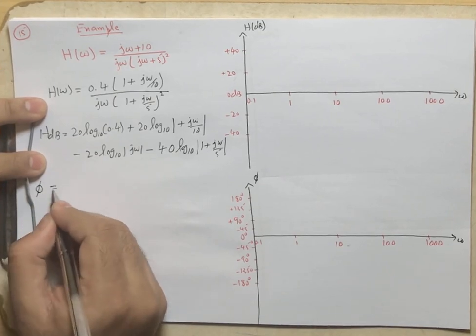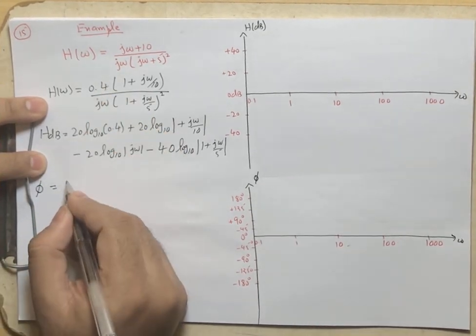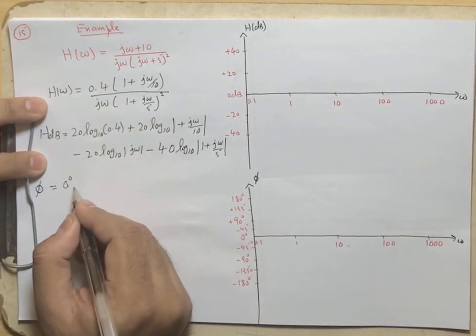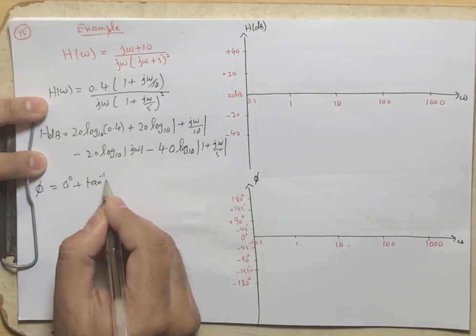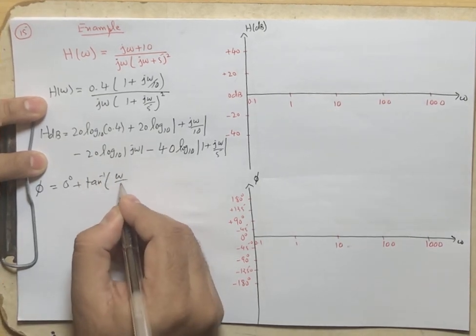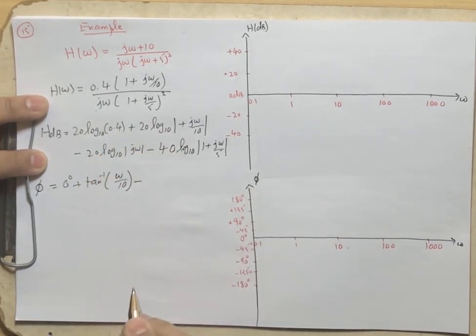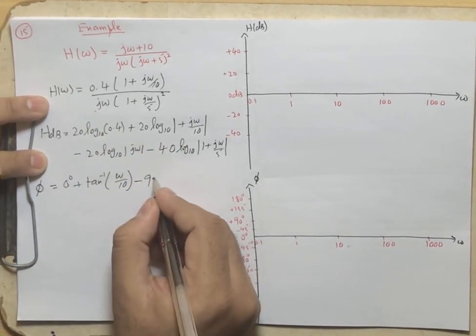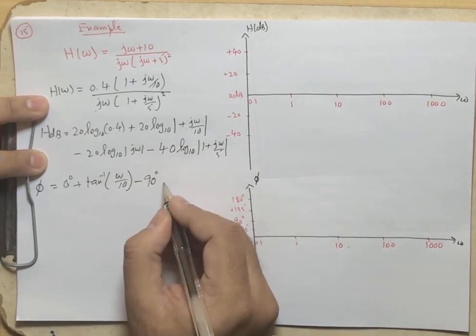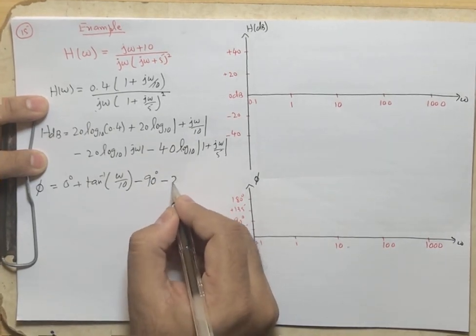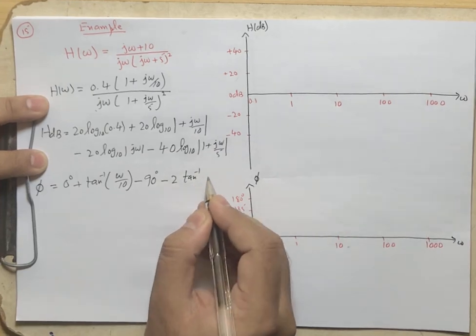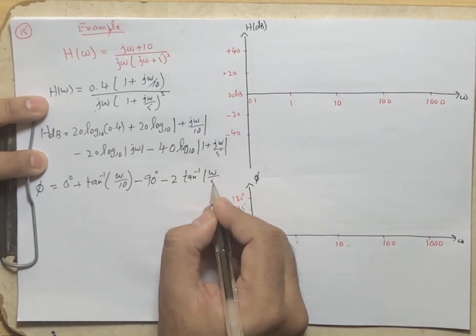And for the phase equation, the angle of this constant is 0 degree, plus tan inverse of omega by 10, minus, the angle of this pole at origin is minus 90 degree, minus 2 tan inverse of omega by 5.